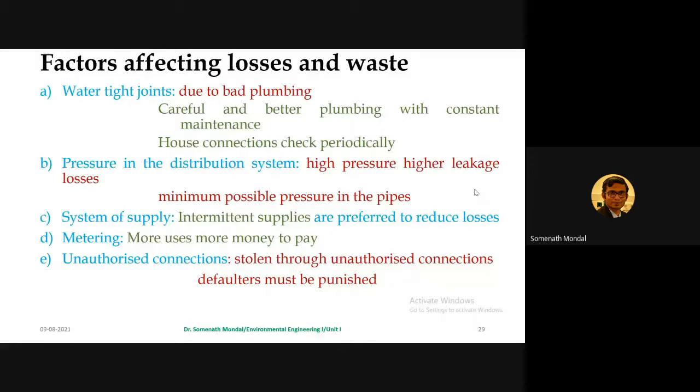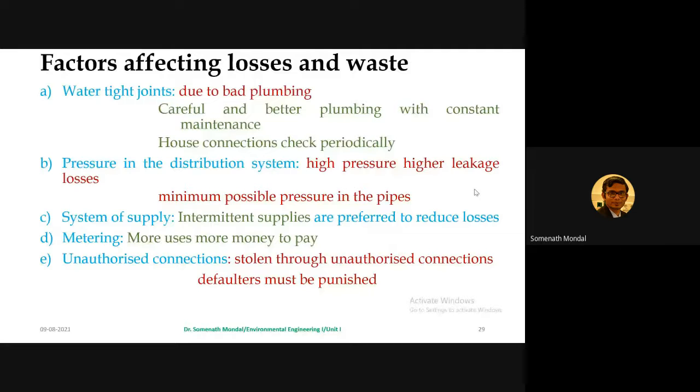Most of the times people have a tendency to store the water, and then once the water supply is restored in the next period, they throw away the stored water. So that is the way the water loss may increase, even though we are adopting intermittent supplies.